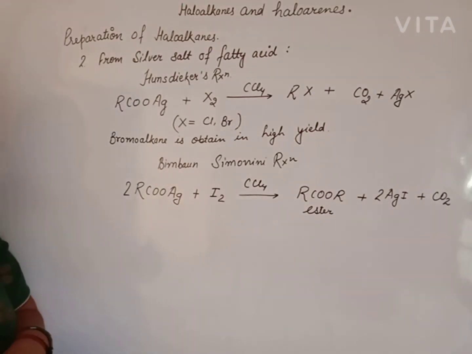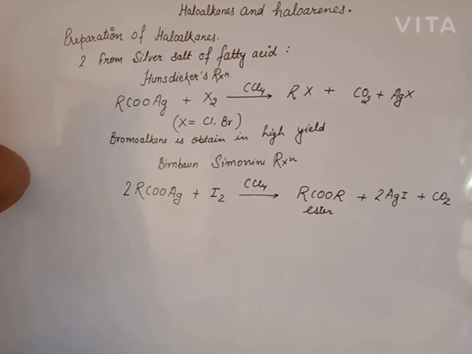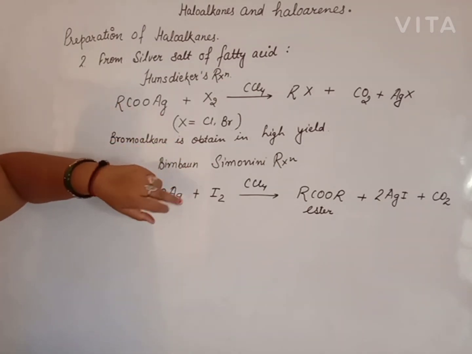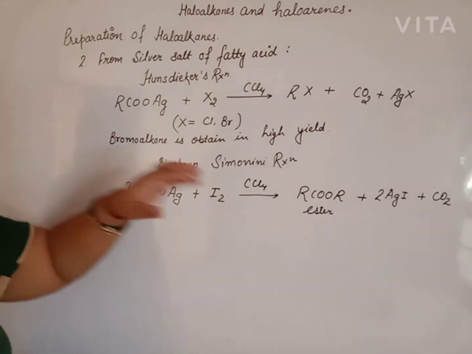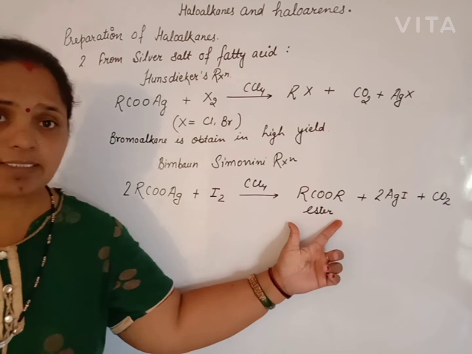You must remember in your exam, the examiner is very clever. An incomplete reaction is given: silver salt of fatty acid reacts with iodine, and a number of students give the answer iodoalkane. That is the wrong answer; it is ester.